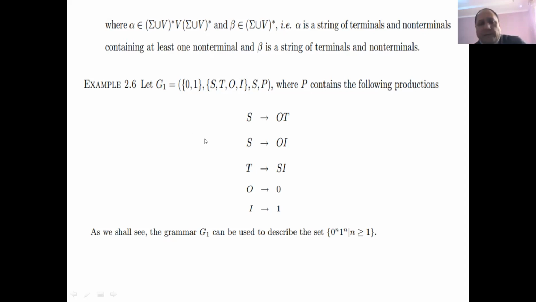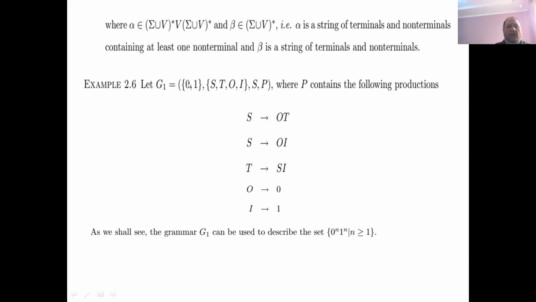Here is an example. Let G1 consist of these sets.